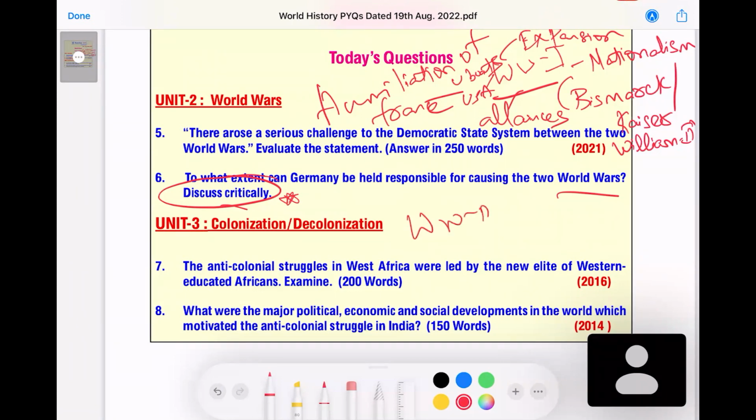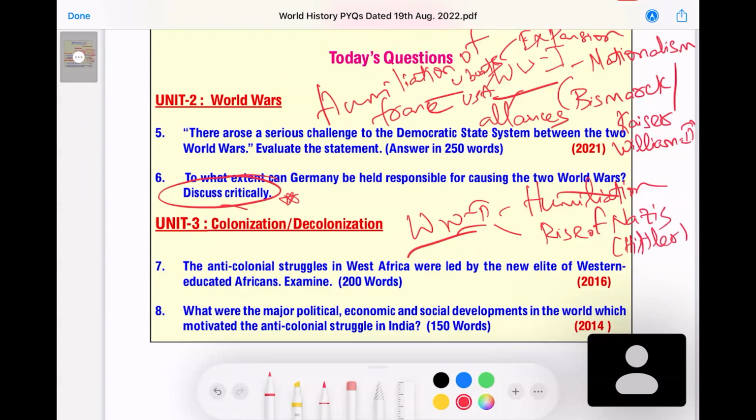Coming to World War II, it is quite obvious: the humiliation of Germany in Treaty of Versailles, then the rise of Nazis, that is Hitler, and then the failure of Weimar Republic in Germany, and then the dictator attitude of Hitler.